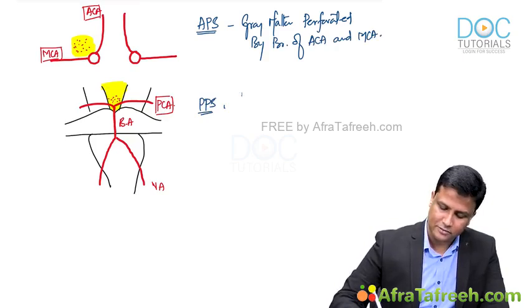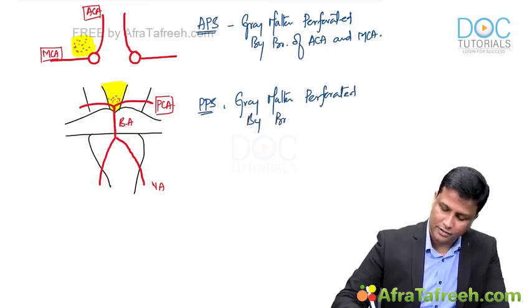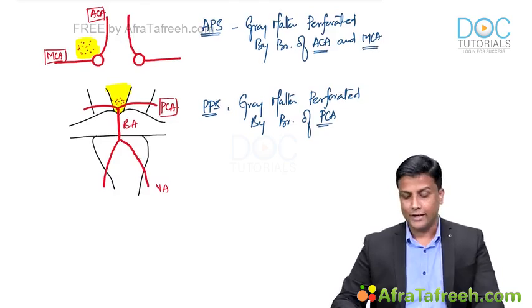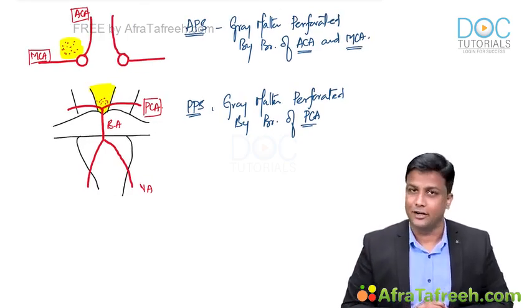The posterior perforated substance, again it is also the grey matter, and that is perforated by the branches of posterior cerebral artery. No mugging at all. So we can conceptually understand why it is perforated and the branches of which artery are making them perforated, guys.